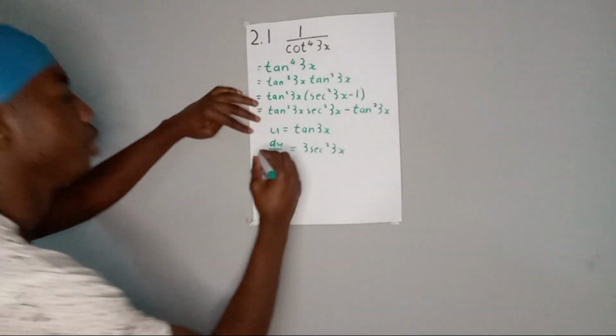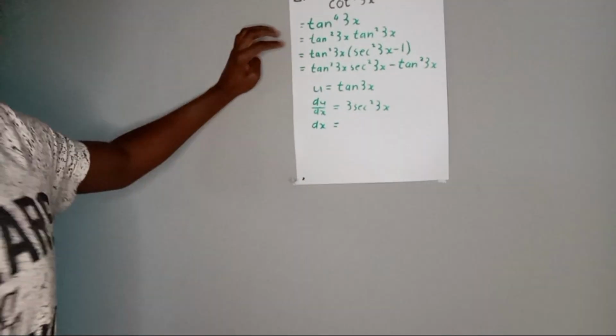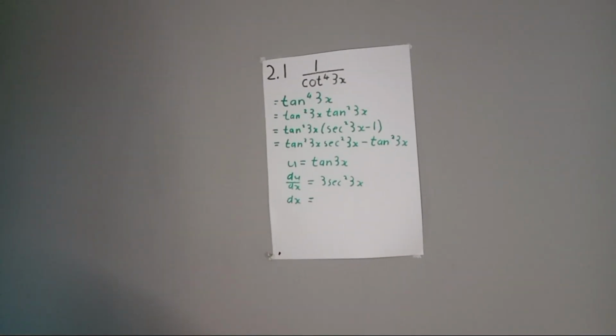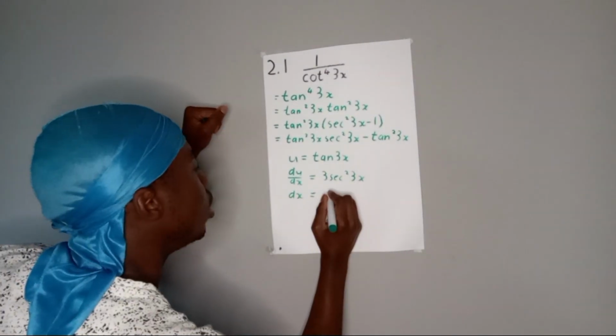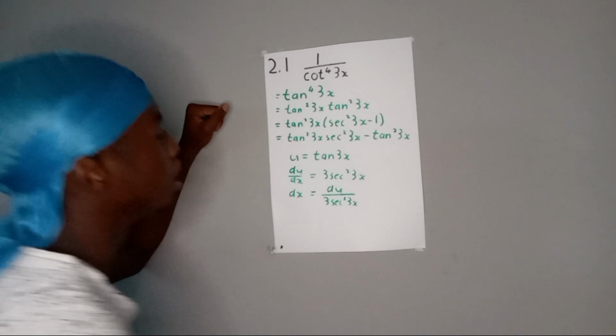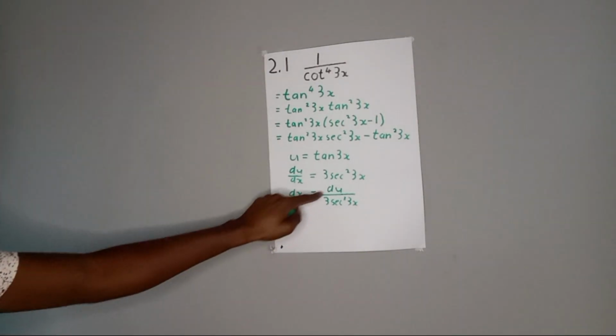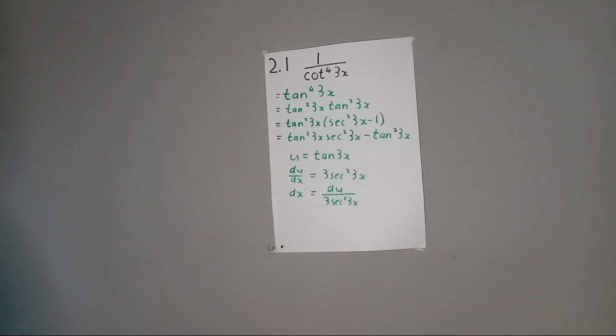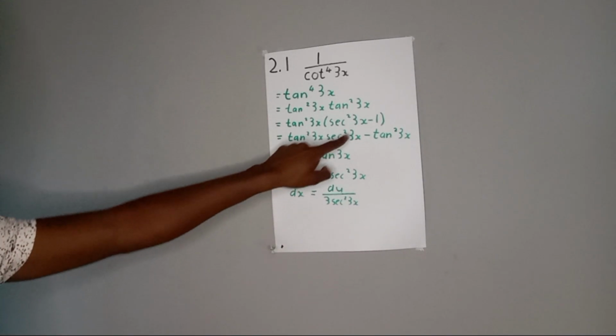Let's do that now. Okay, now dx is equal to du over 3 sec squared 3x. Now what we need to do is substitute this and put it there.